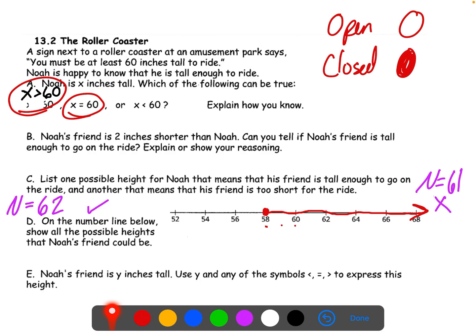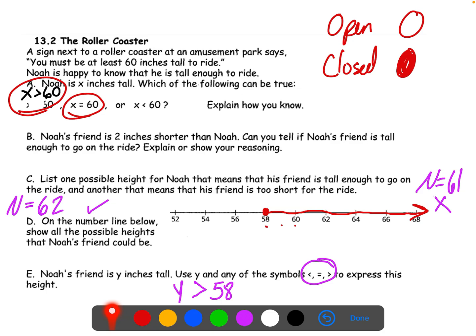So Noah's friend is y inches tall, and we want to express his height as, well, if we can only use these three, it's a little tricky, because if we say Noah's friend's height has to be greater than 58, that's almost true, but we're leaving out the fact that he could be exactly 58 inches tall.